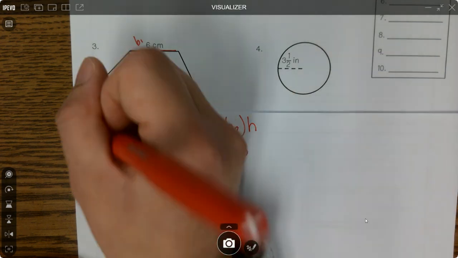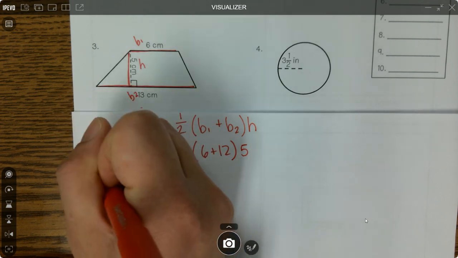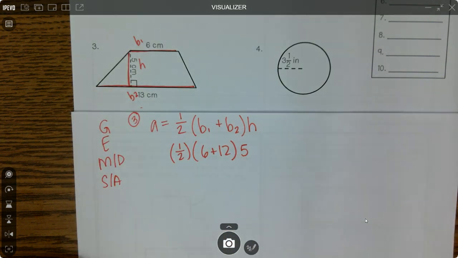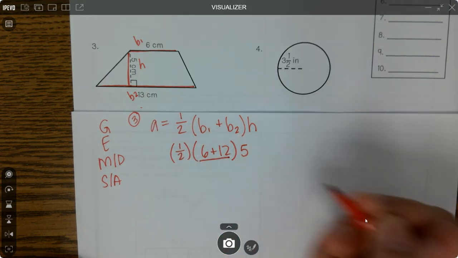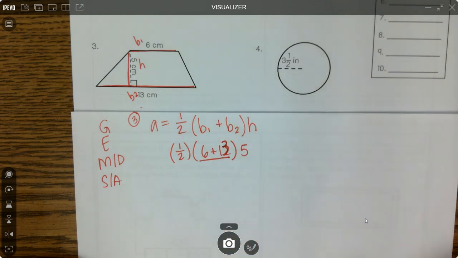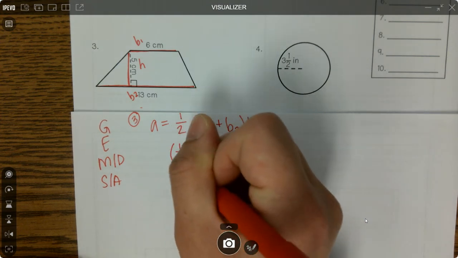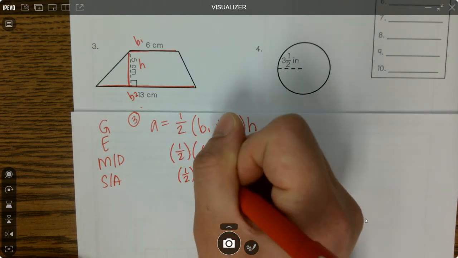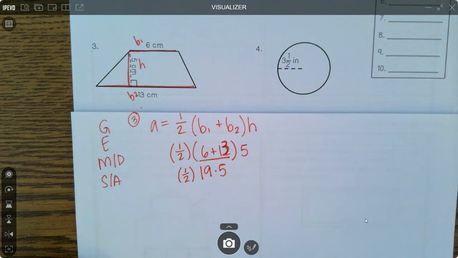Now, when we solve it out, I still follow my order of operations, my GEMS. And so when I look at this, I have groupings. So I'm going to solve and, oh, that's a 13. I'm going to solve inside of my groupings first. So I'm going to get 1/2 multiplied by 19 times 5.